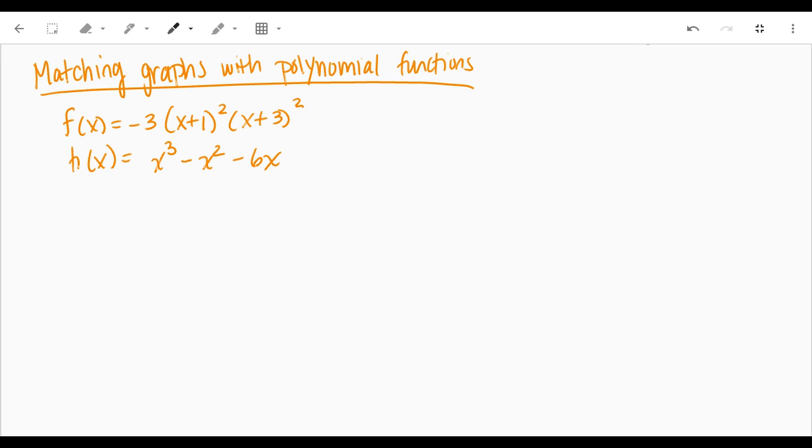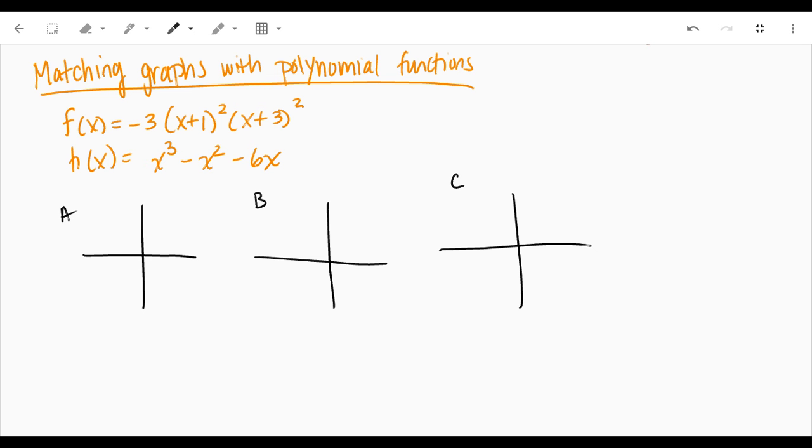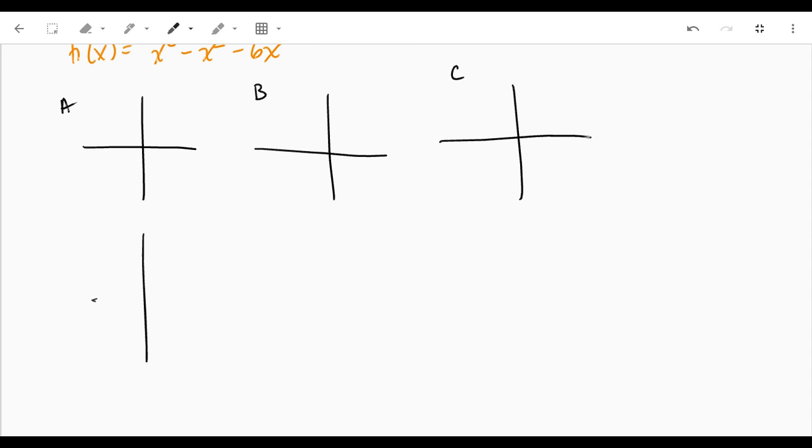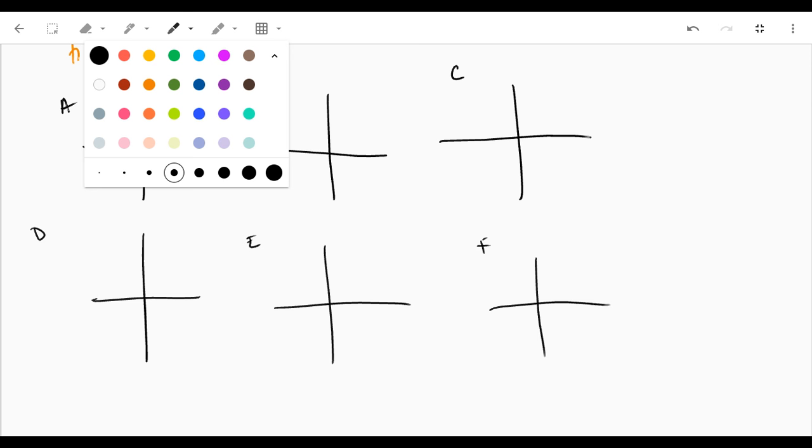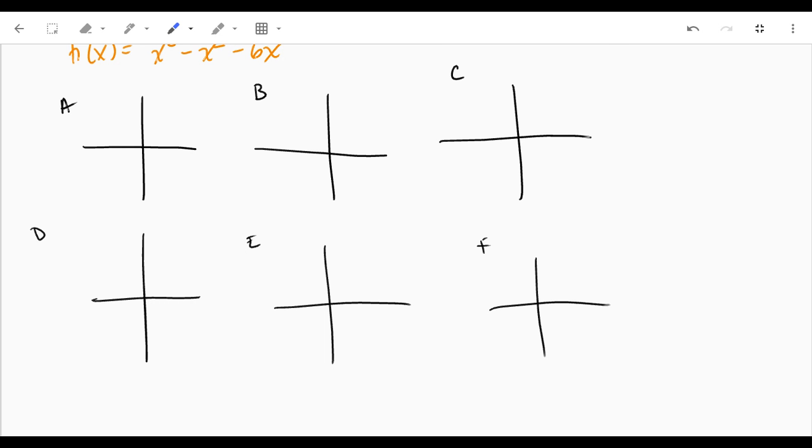So they have graph A, B, C, and then D, E, and F. To the best of my ability, I'll do this a little darker. Graph A looks like this.